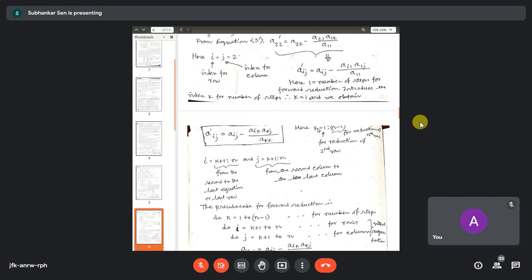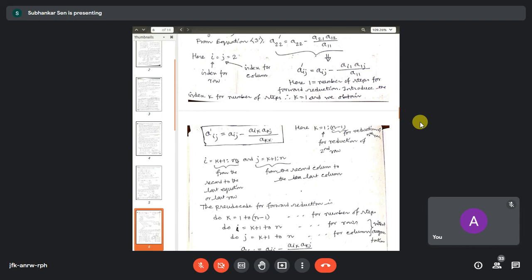So depending on the operation count, means forward reduction index k, you will choose the lower limit of the row index and the lower limit of the column index. But the upper limit of the row and the upper limit of the column are fixed, because you have to go to the last row, and for every row you have to edit the last column.